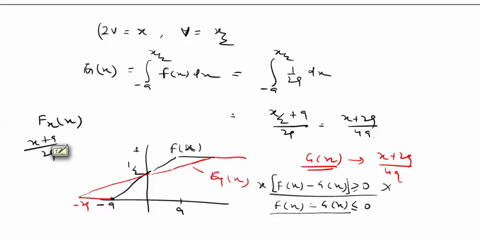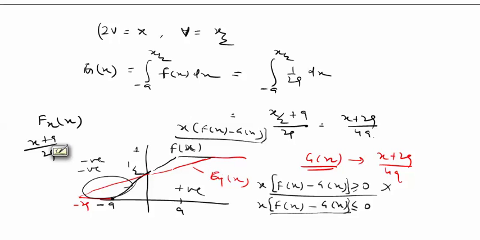If you multiply with x, it is always positive or negative. In this region x is positive, fx minus gx is positive, so the answer is positive for this region. Where fx minus gx is negative, x is negative, both are negative, meaning the multiplication of these two is positive, so this option is correct when x is multiplied with this condition.